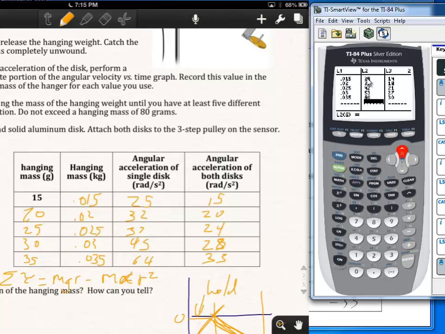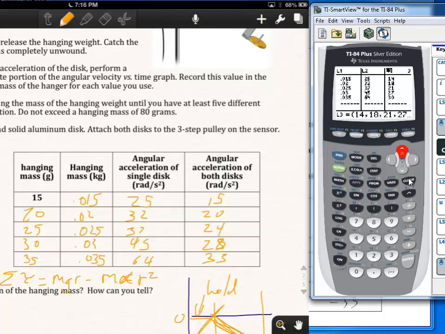So over in L2, I'm going to put my angular accelerations. Again, I have a whole bunch of stuff in there, so I'm just going to clear it. Arrow up to L2, push clear, and enter. And now I can put in my angular acceleration values: 25, 32, 37, 45, 64. And one more time in L3, I'm going to put my second angular acceleration values.